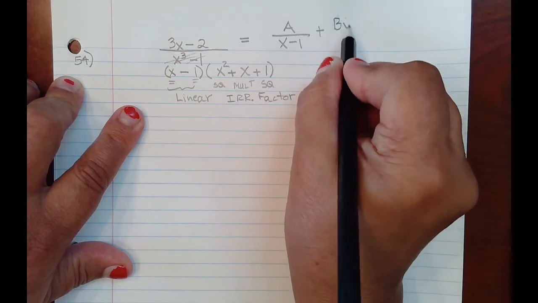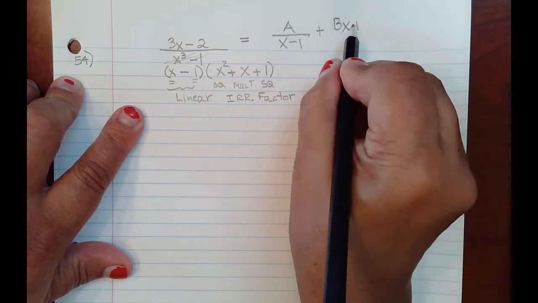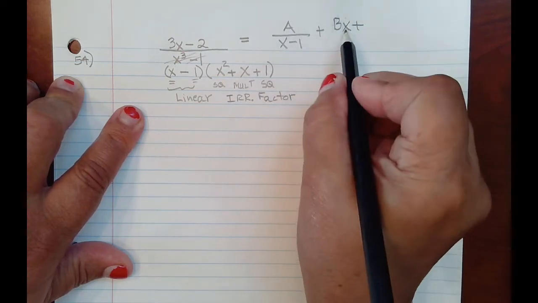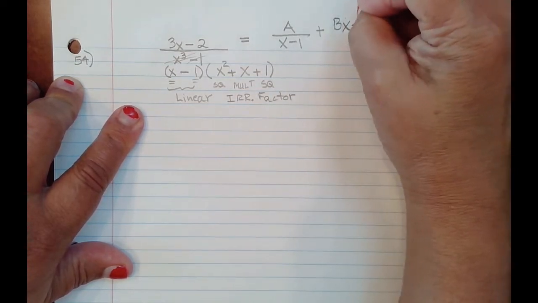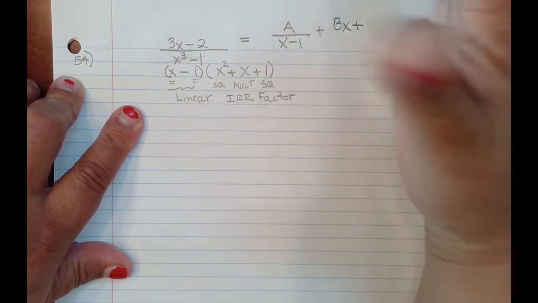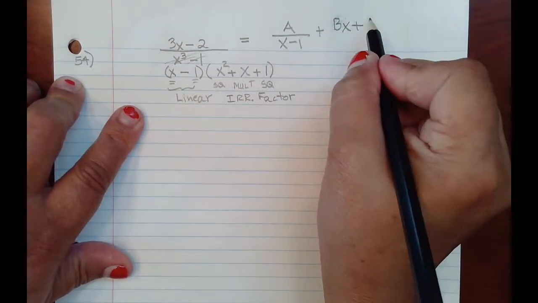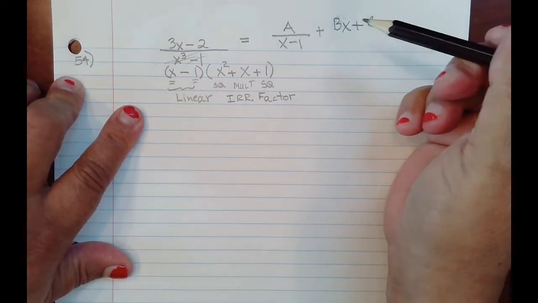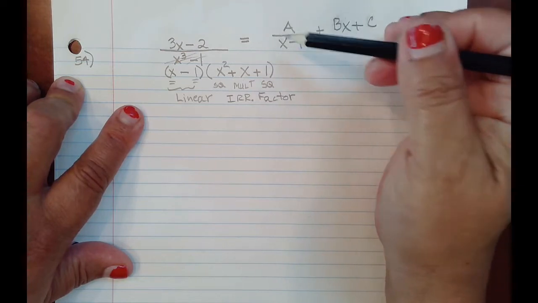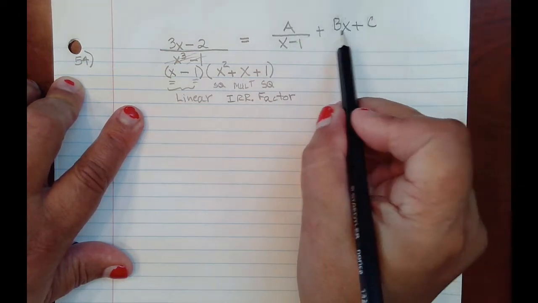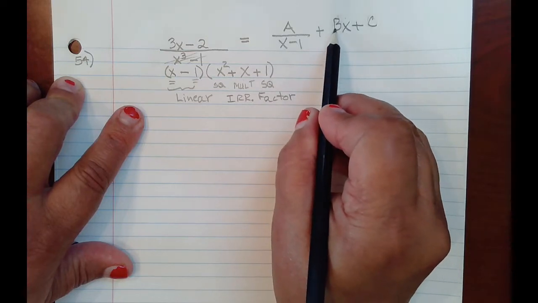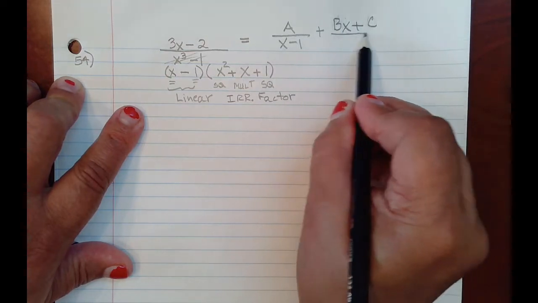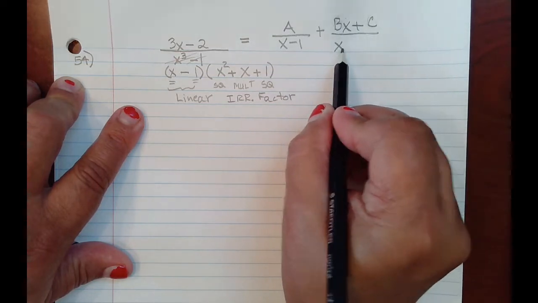So it'll have an x term with a coefficient, as well as a constant. So I used A, B, this will be C. These are the constants that I'm using. Pure constant for the linear factor, and then a linear expression, meaning an x term with a coefficient and a constant, for anything that is second degree.